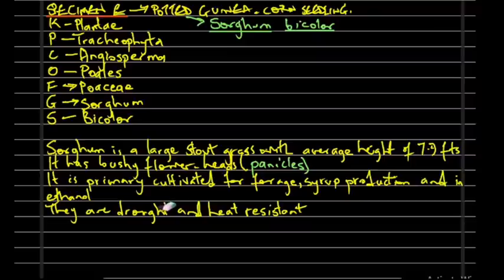Organisms that are found in environments with high temperature, we call them xerophytes. So xerophytes have the ability to survive in environments with high temperature and little moisture. So this particular crop can survive in such an environment. That is what we are saying.